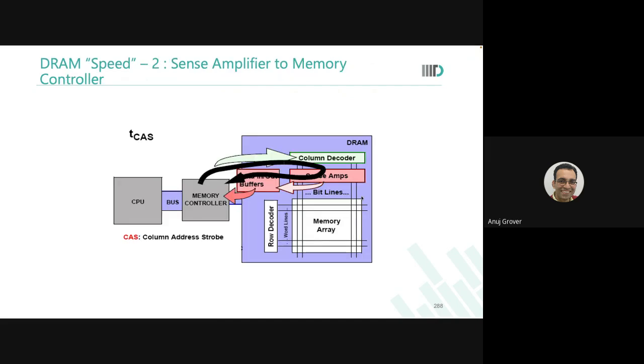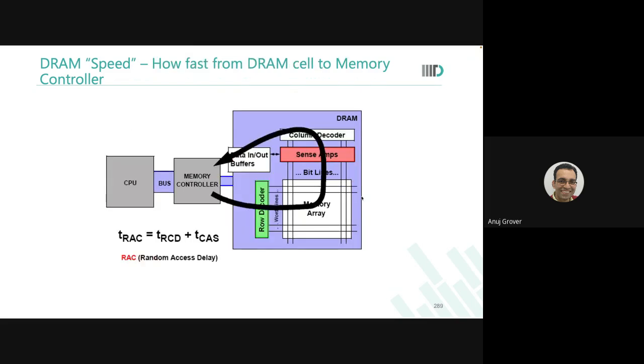And CAS means I just give the column address, decode it, select the right output of the sense amplifier, and put it onto the output bus. TRAC is a sum of both of them, where the column address is available in advance, and as soon as the output is available at the sense amplifier, it will also be taken across to the output there.